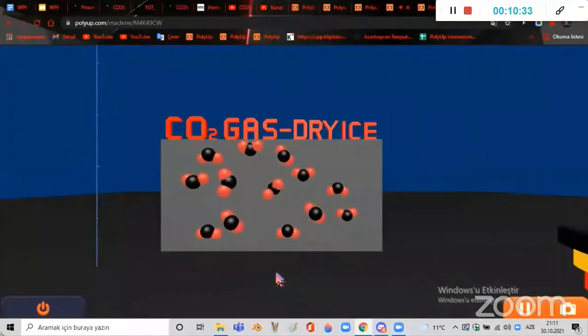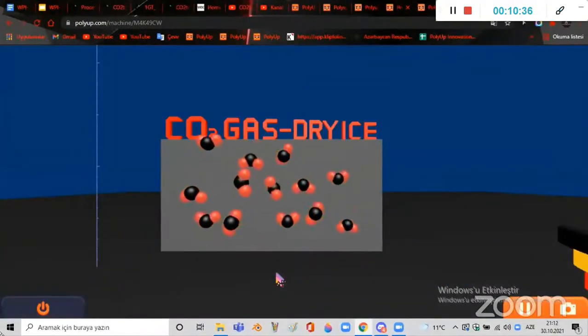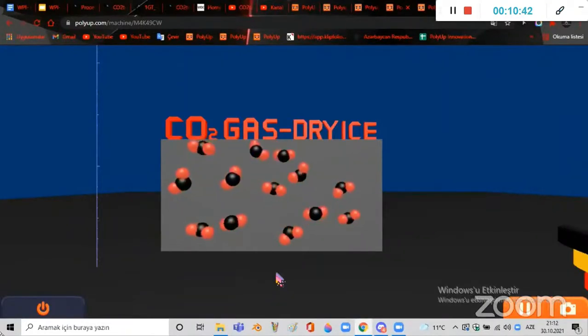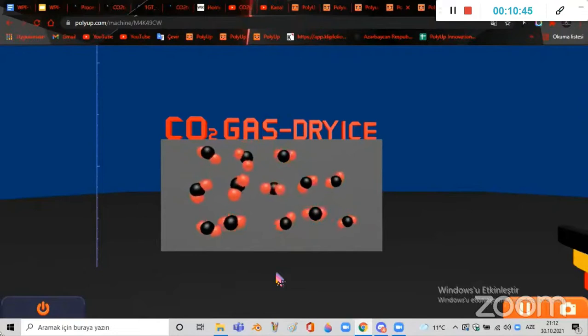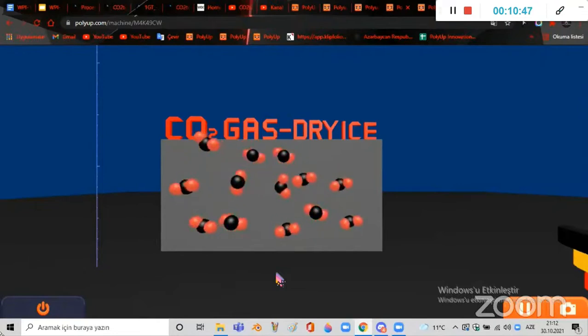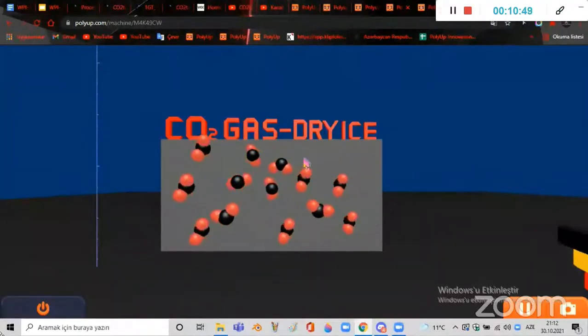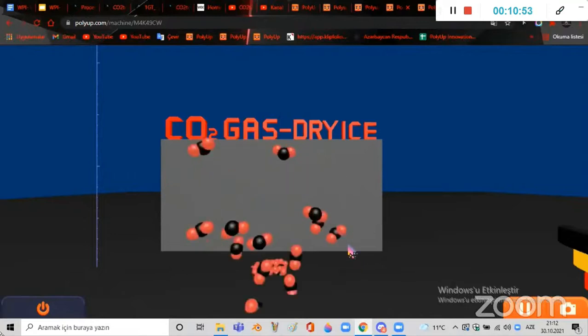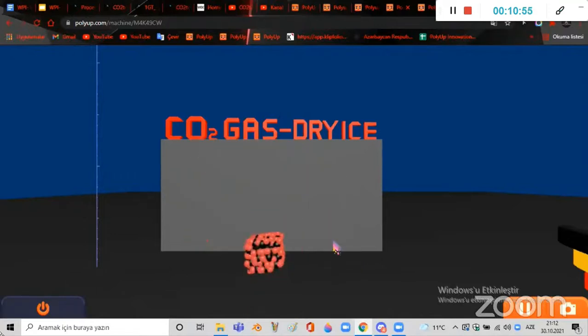What's dry ice? Dry ice is a solid form of carbon dioxide. Let's look at the simulations. Here red is oxygen and black is carbon. At minus 79 degrees Celsius, carbon dioxide turns into dry ice. Carbon dioxide, the molecular notation of both is the same. Dry ice.